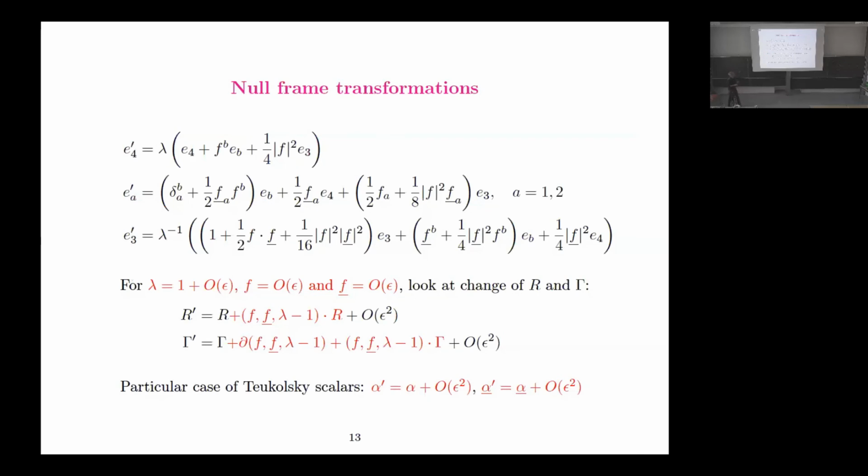Let me try to explain a little bit how you construct these spheres, and again I will come to my frames, which were the main object here. Imagine that you have an old frame, E4, E1, E2, E3, and this old frame without primes is attached to spheres which are not quite the way I want them. What I want is to find a new frame and a new sphere. These old spheres, the spheres attached to this frame, in other words the ones tangent to E1, E2, S without prime, are not quite GCM.